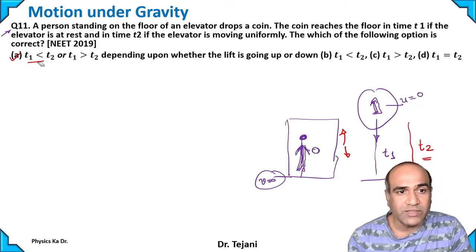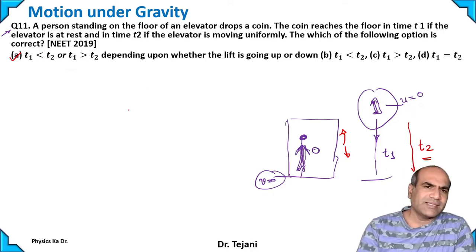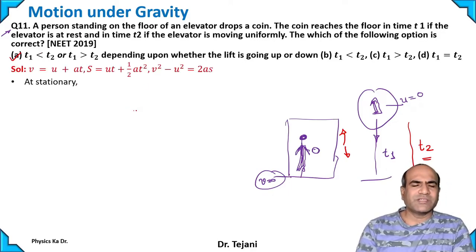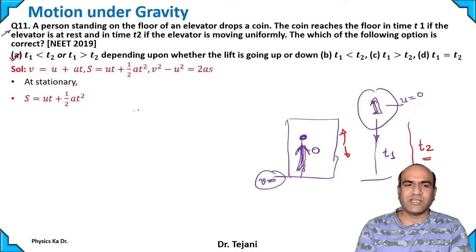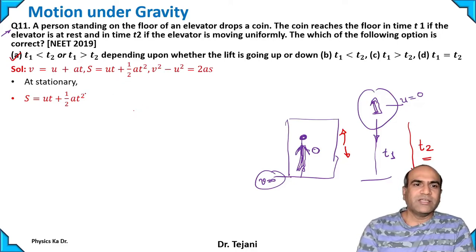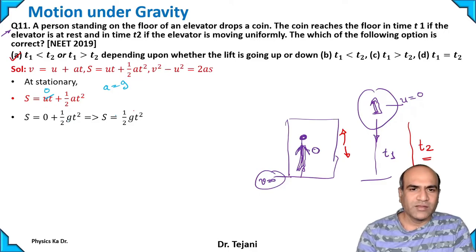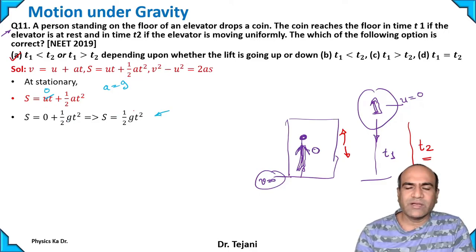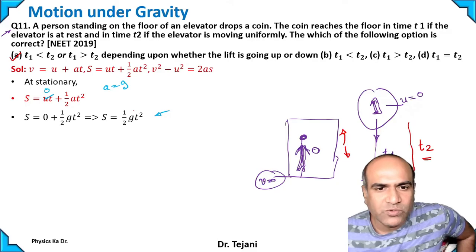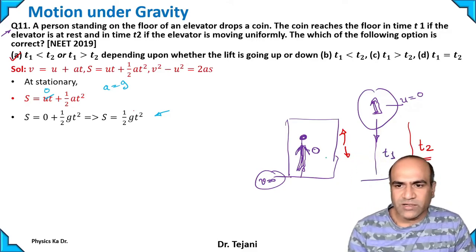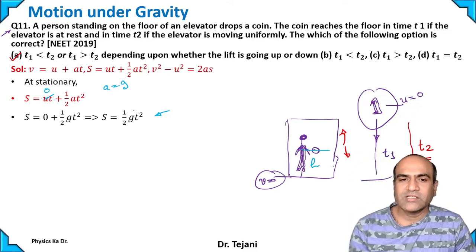But we need to prove whether this answer is correct or not. Let's see. At a stationary condition, the initial velocity of the coin in both the cases is 0. Moving downward, a becomes g and taking time t. So distance traveled, s is equal to half g t square, where the distance H is common for both.